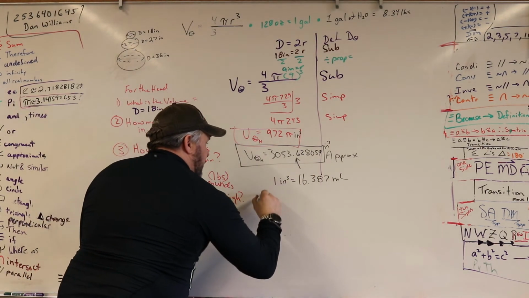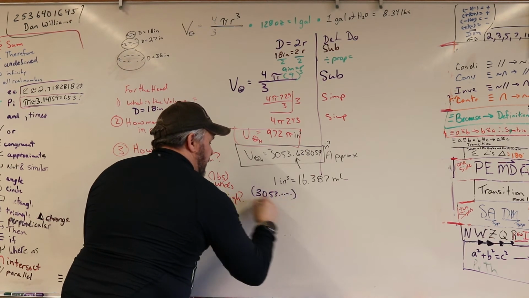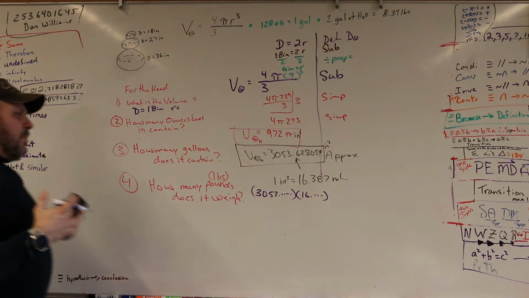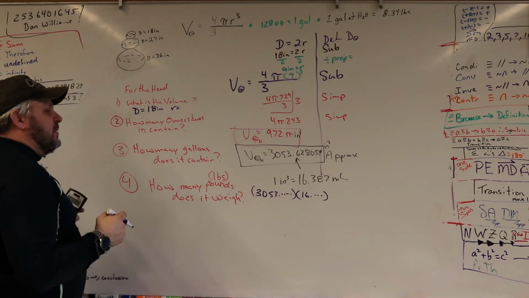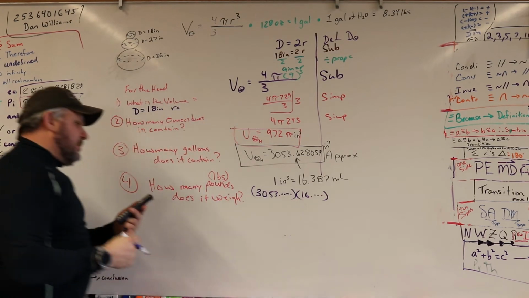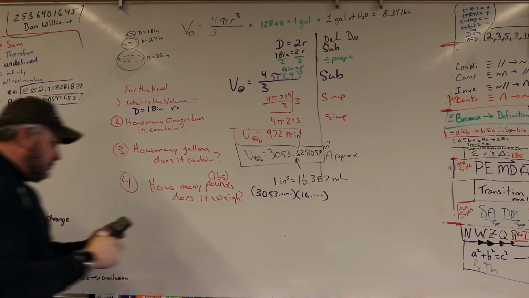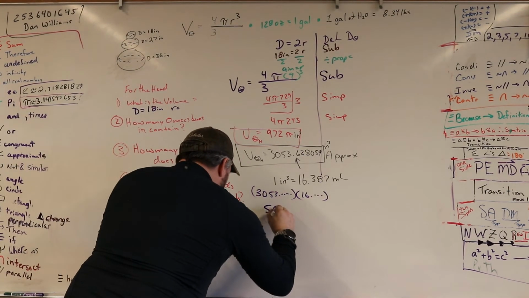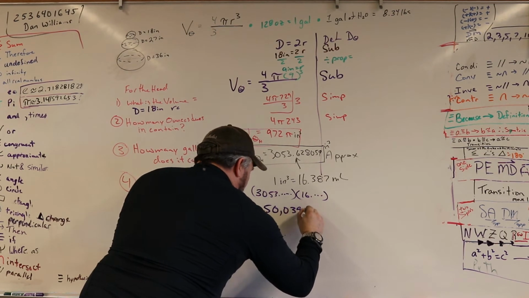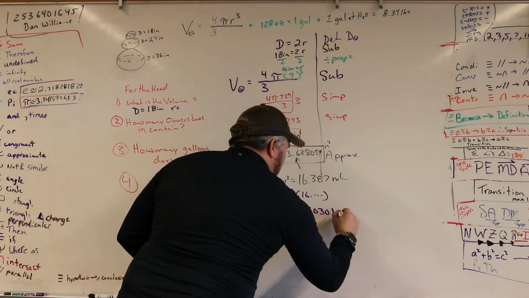So, we take 3,053 point something and multiply it by 16 point something, right? And what happens is it gets transformed into 50,039.80301 milliliters.